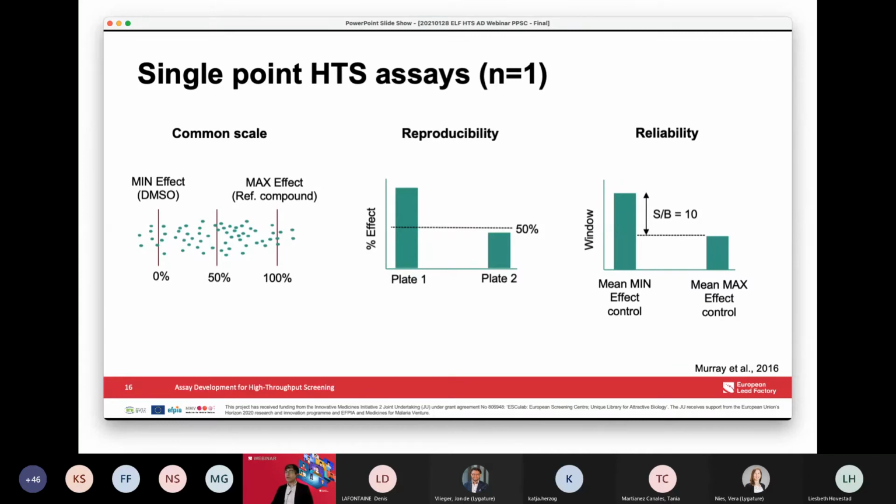Also, here I'm showing you basically an assay window. You would imagine this is a large assay window and it's a reliable assay, but it's also very important to take into consideration the variation. And looking at the assay window alone could be misleading in presence of variation.